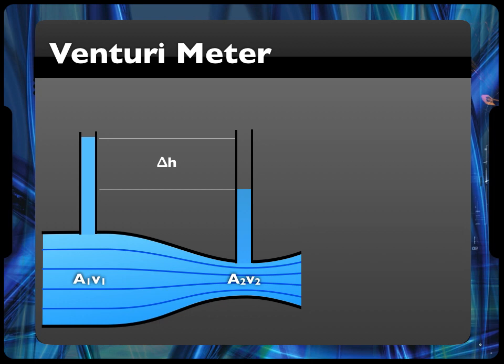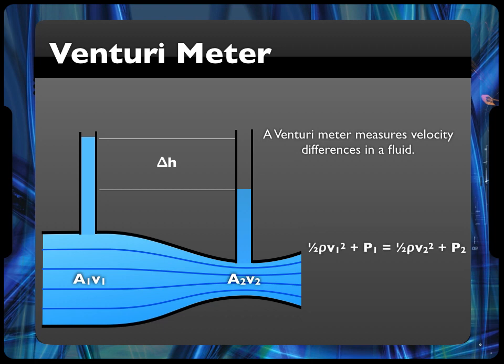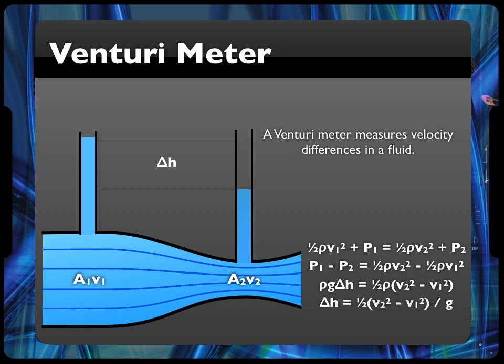If you're checking the speed of liquid in a pipe, it's done with a Venturi meter. Attaching a narrow cylinder to that pipe and measuring the speed difference by comparing the pressure difference, and measuring the pressure difference by comparing a height difference. And that's pretty cool. We apply Bernoulli's principle, rearrange some stuff, the pressures are different, and then by the height difference, we can tell the velocity difference.